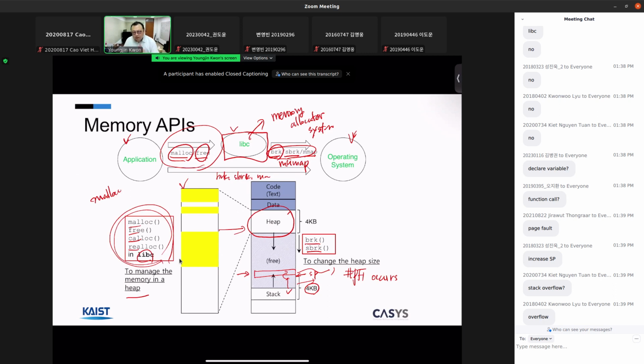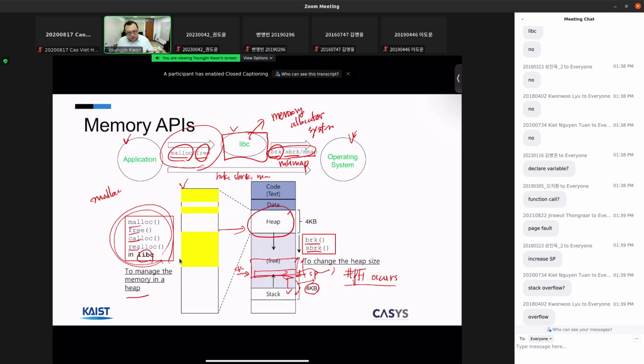Stack overflow is when the stack is overrun, but I'm talking about the legal allocation of stack memory. So a page fault happens, and the operating system allocates another 4 kilobytes and increases the stack pointer accordingly.